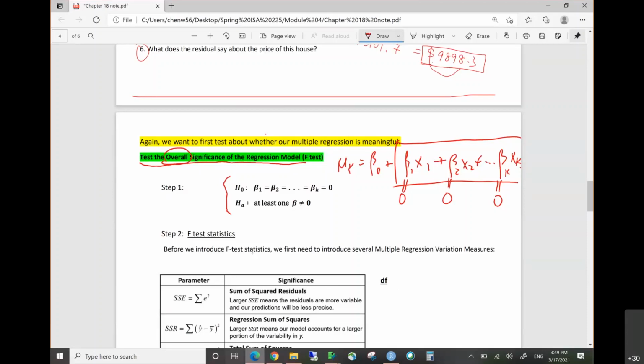Do we need to make sure that beta 1 is not 0, and beta 2 is not 0, and beta 3 is also not 0, and all of these betas are not 0? Do we need to make sure all of them are not 0 to make sure the regression is meaningful?